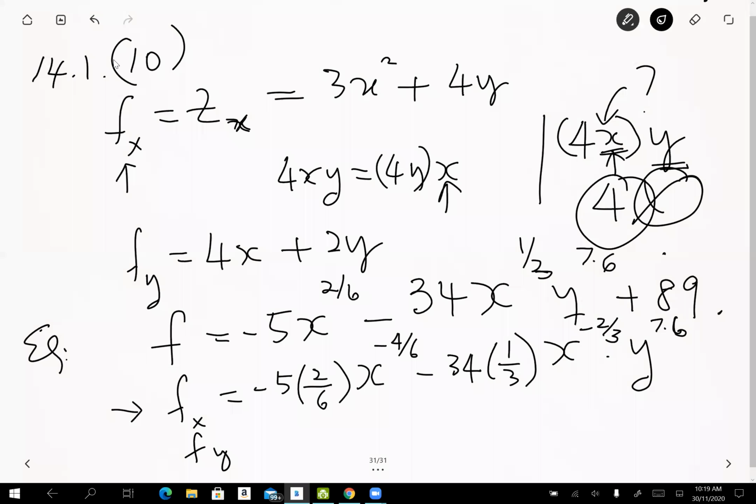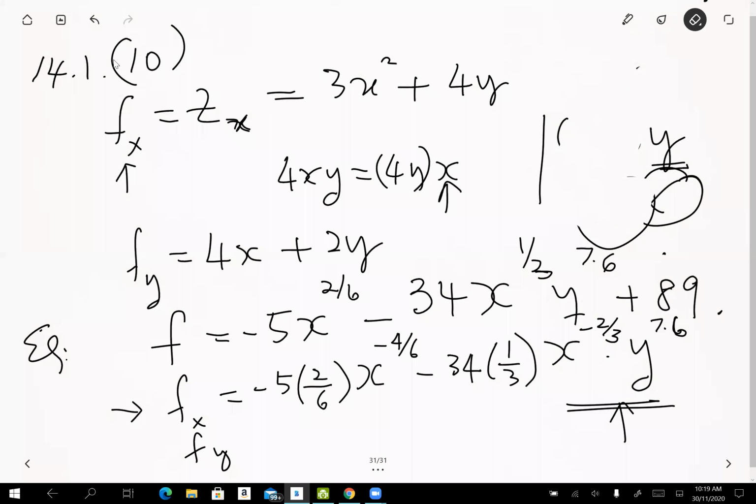After we already know the method, you don't have to rearrange the x and y to indicate the coefficient. But if we are still learning, it is good that you put them together. So for that term here, you put the y and the 34 together as a constant.